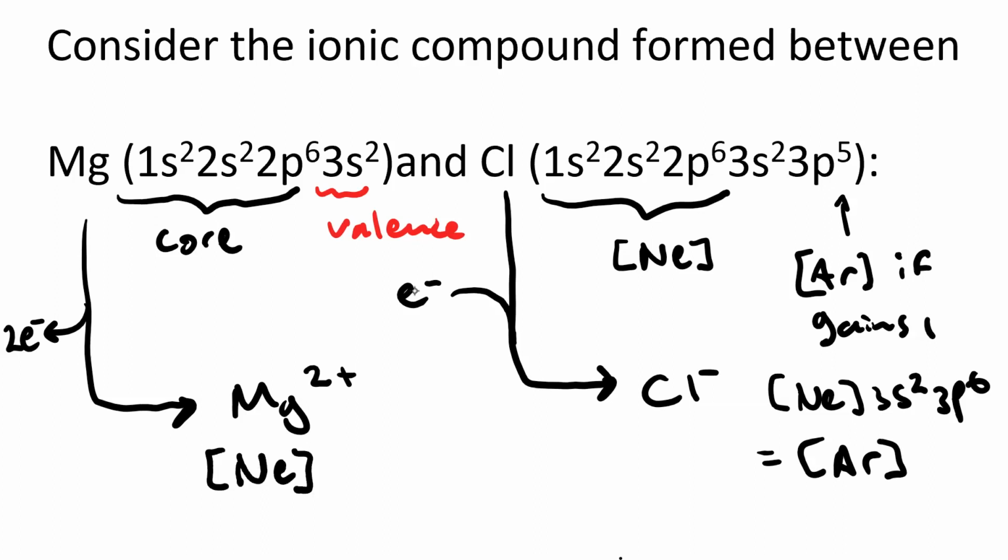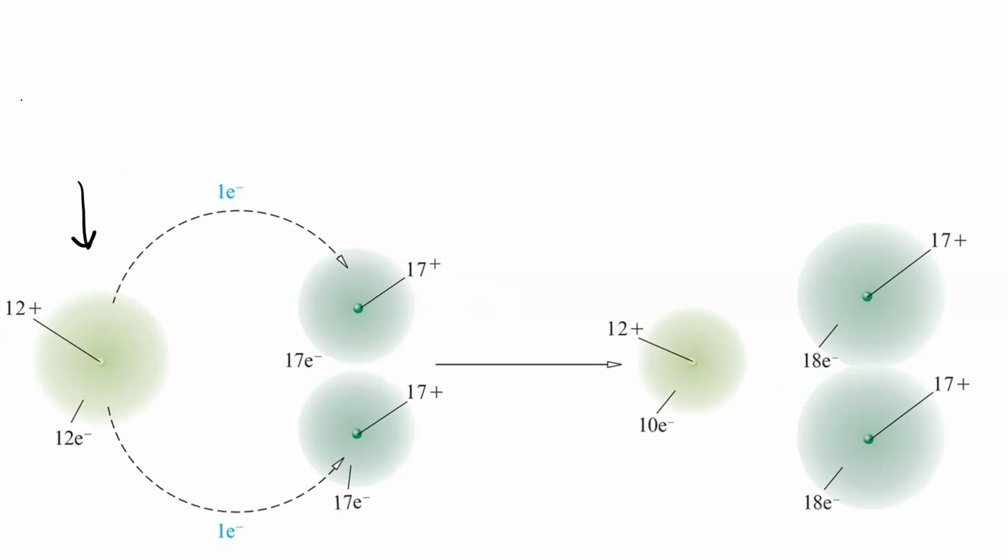Now, the electrons that magnesium loses aren't lost in a vacuum. They're going somewhere. And the electron that each chlorine atom gains comes from somewhere. In fact, the magnesium donates its electrons to chlorine. Each magnesium atom donates 1 electron to 2 chlorine atoms. Here we can see neutral magnesium.